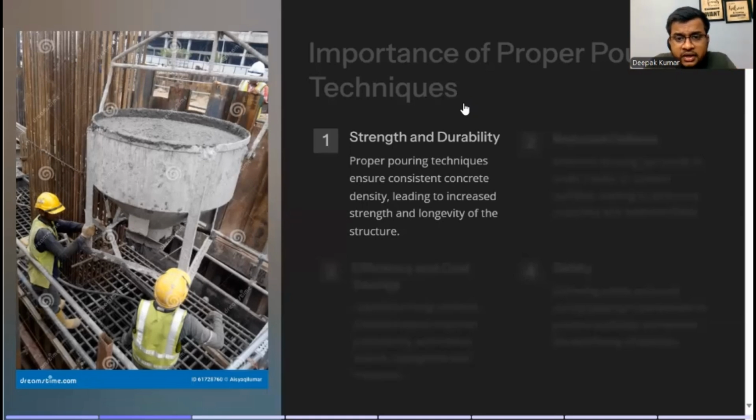Proper pouring techniques ensure consistent concrete density, strength and durability, leading to increased strength and reliability.